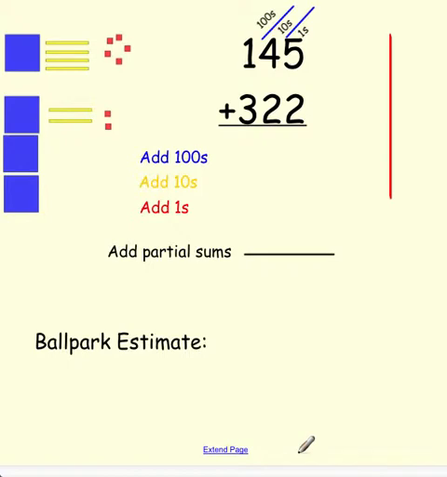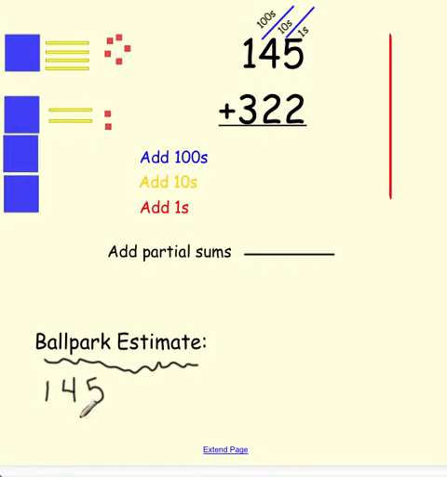Here's an example. We have 145 plus 322. The first thing I want to do is actually make a ballpark estimate to see what I would expect my answer to be. I want to look at 145. I need to decide, what is 145 close to? The last examples were only two-digit numbers.